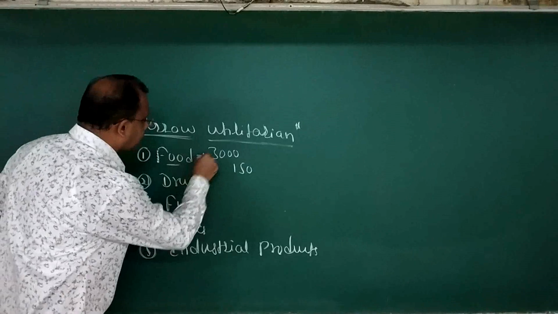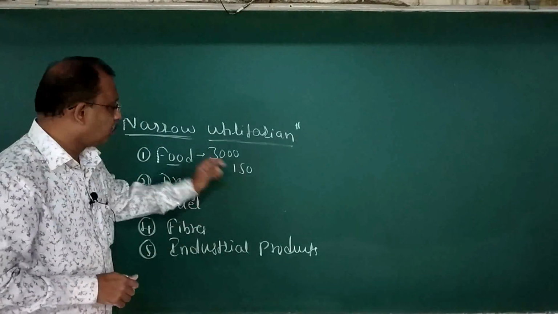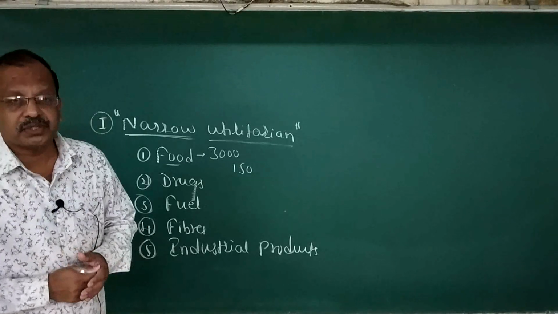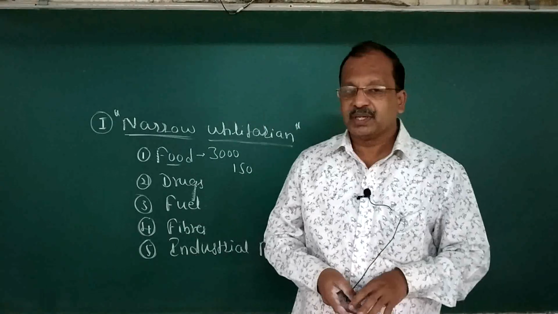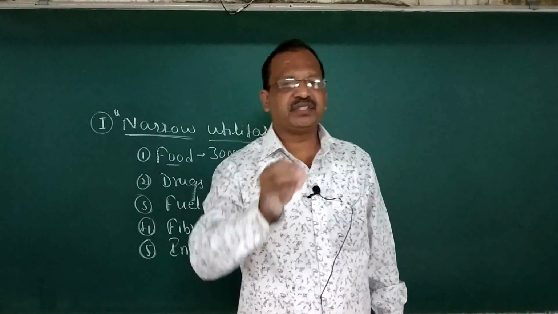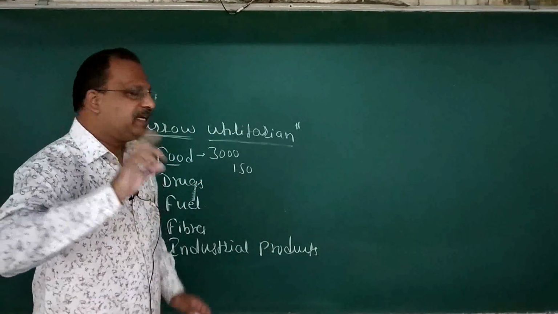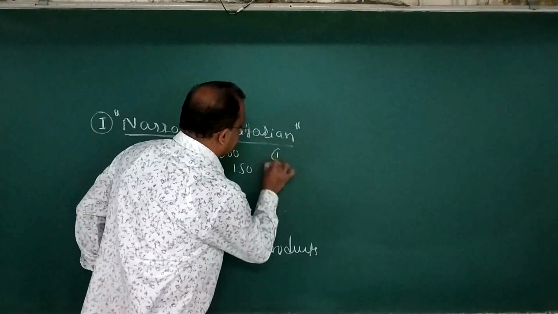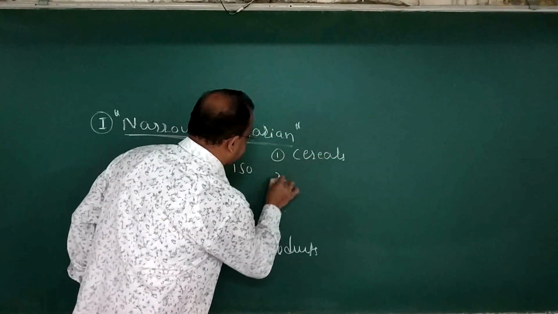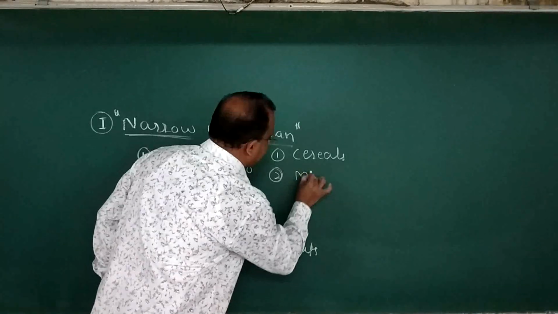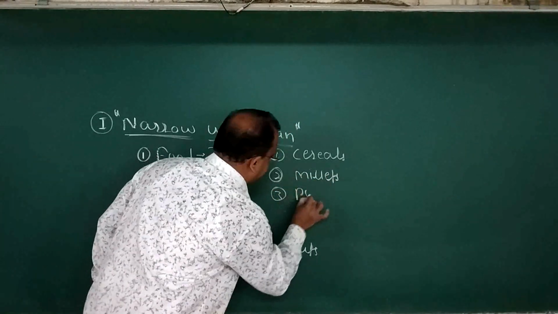Around 3000 species of the plant parts are edible, but out of which 150 are commercially exploited. So please remember one more point: the traditional crops harvested in India are cereals, millets, pulses.